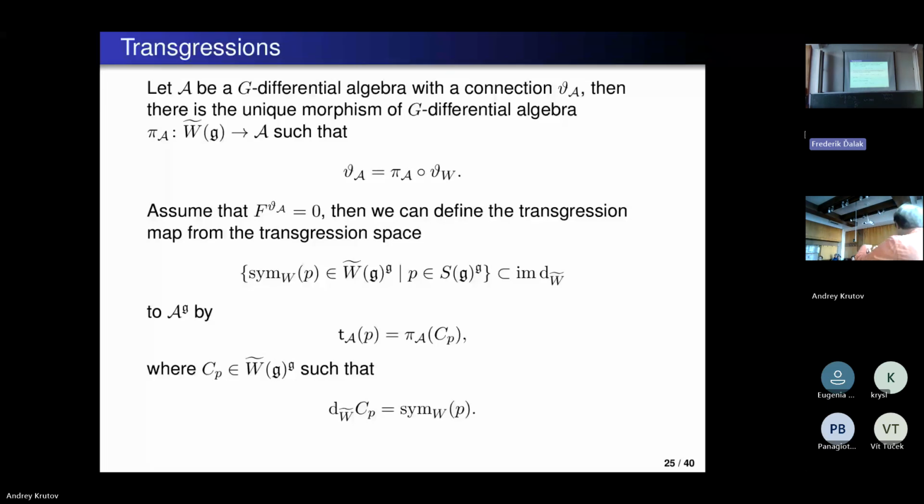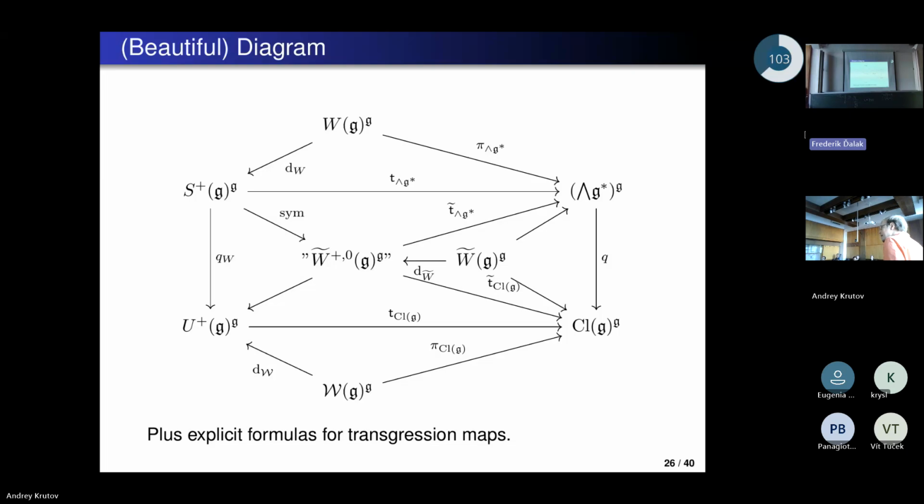So you take the symmetrization map, but you involve only hat variables. So this will be by construction in the image of the differential. That's why you can speak about the corresponding chain of transgression and use the characteristic homomorphism to construct an output of transgression. And then to prove things, you should chase this big diagram.